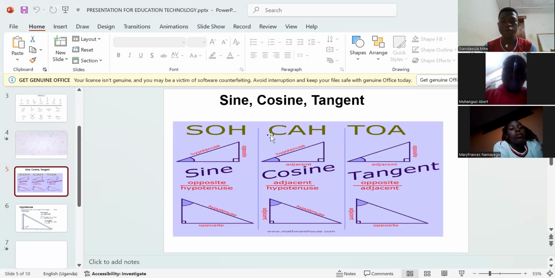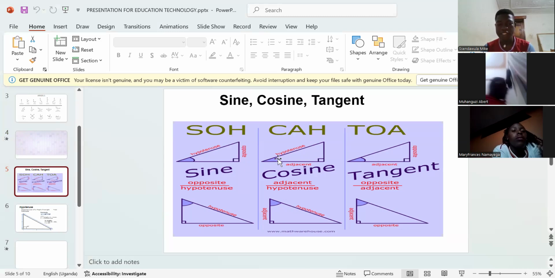So we continue to the sine, cosine, and then the tangent. So we have the sine, as we saw, it has the opposite, the hypotenuse, and then the base. When you want to find the sine, it is opposite over the hypotenuse. Then we have the cosine, which equals adjacent over the hypotenuse.